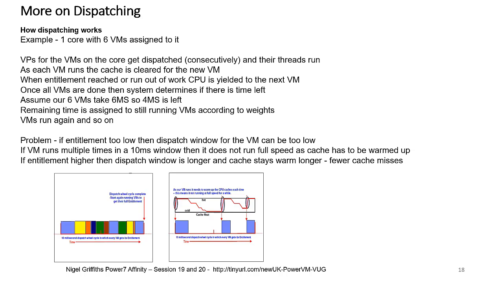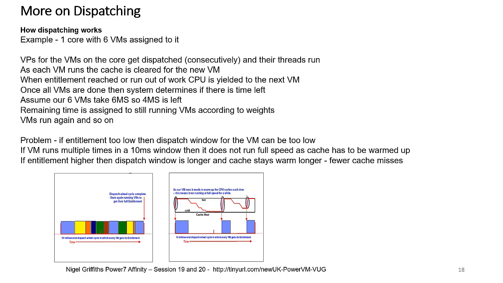So the example that I got here, and it's an older one from Nigel Griffiths, but it illustrates the point. If you look at the light blue boxes, and there's 3 of them on the left, that's basically the same virtual machine getting dispatched 3 times in a 10 millisecond window. And each time it's dispatched, it has to warm up the cache, and then it runs at full speed, and then of course someone else takes over the cache, and over time they put their stuff in there.